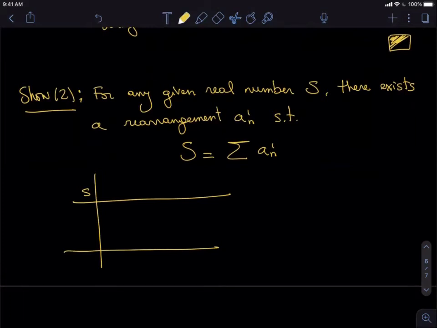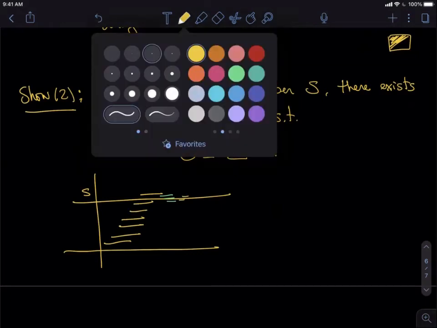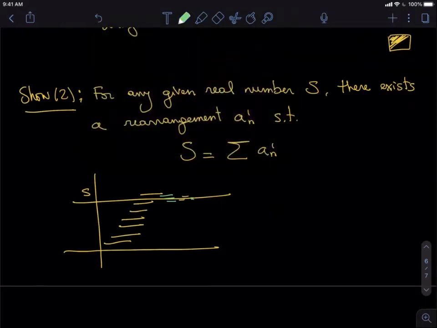So we are going to start adding terms until we pass. Once we pass, we start subtracting until we are below. Then we start adding again until we fall above. Subtract, add, and you see what happens here, that the series is going to start oscillating. The partial sums are going to be oscillating around S. And every time the oscillations will be smaller because the terms that are left will be smaller.